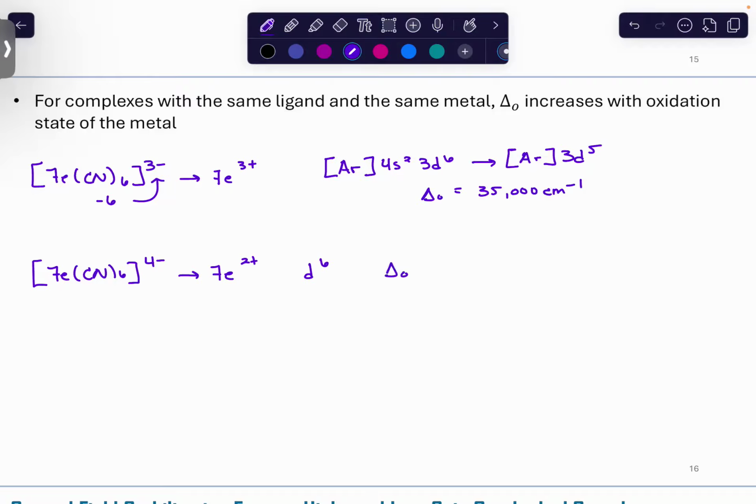Delta O for the D6 complex, 33,800 wave numbers. So you notice that the higher oxidation state, the iron that's more positive, produces a delta O separation that's greater. Now granted, that's a very strong field ligand, so you're predominantly going to get low spin. But you can also see a situation in which this oxidation state could make you bridge from low spin to high spin.